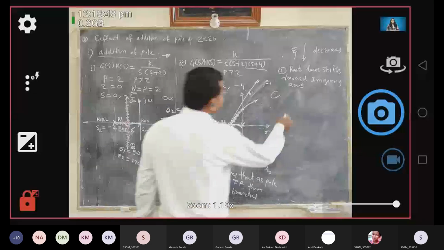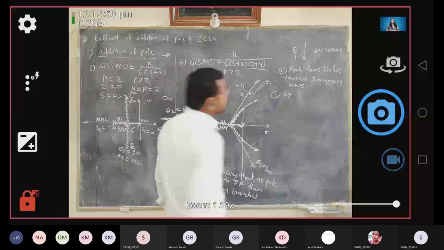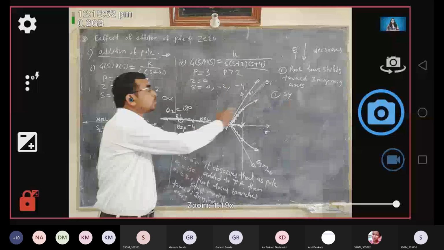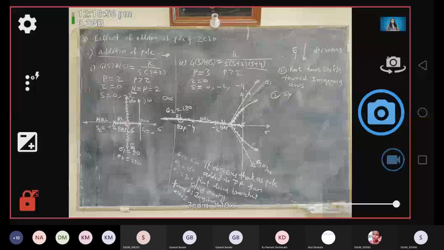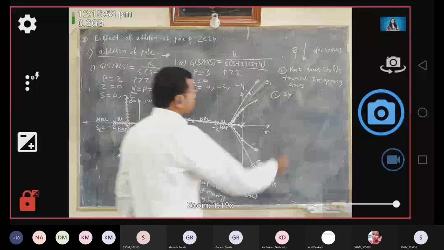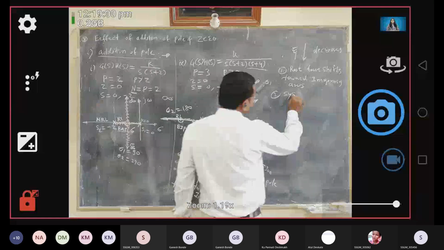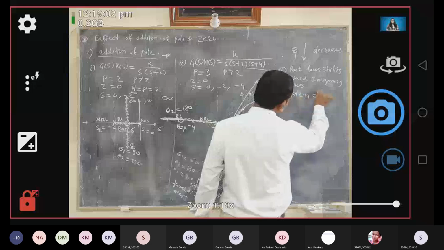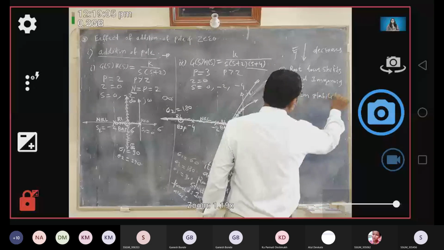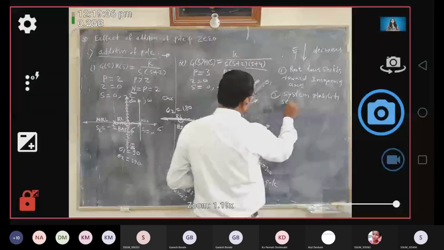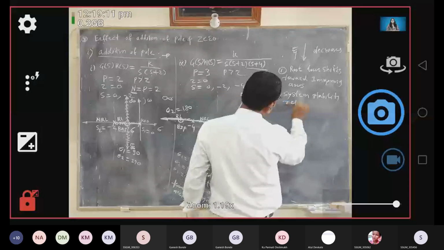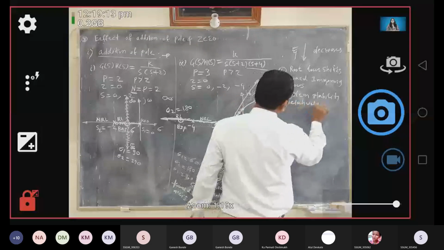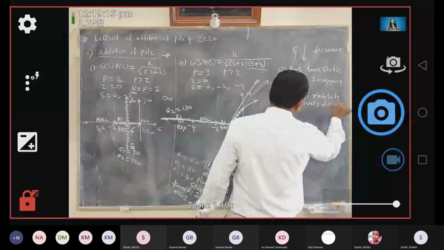Again we ask, what about the stability? As the root locus branches are moving towards the imaginary axis, the relative stability of the system may slightly decrease. So you write down: system stability slightly decreases, or relatively decreases.